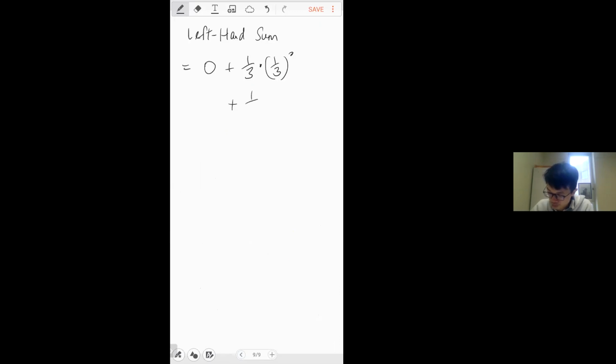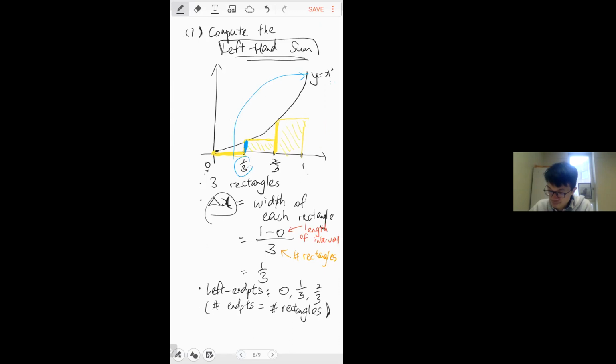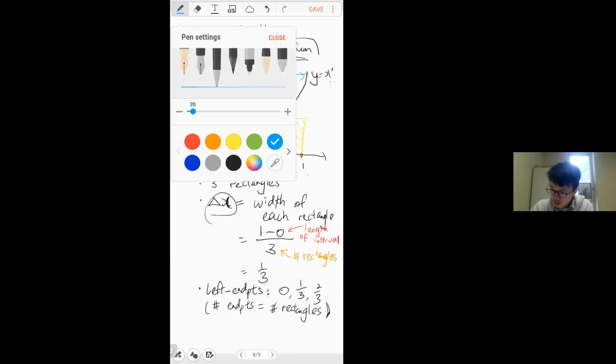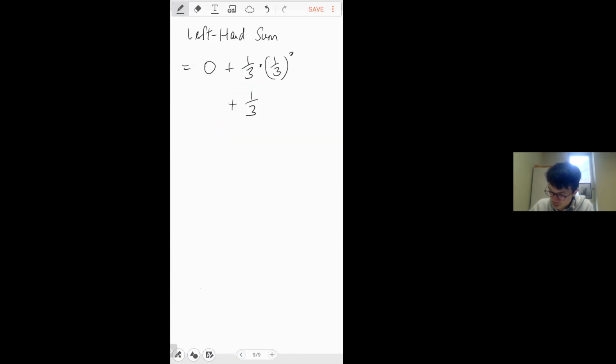Again, the width is always 1/3. For the height, you use 2/3, and in this case, it's (2/3) squared.